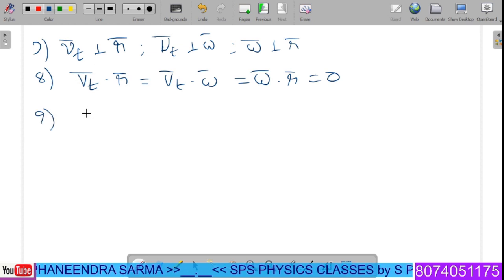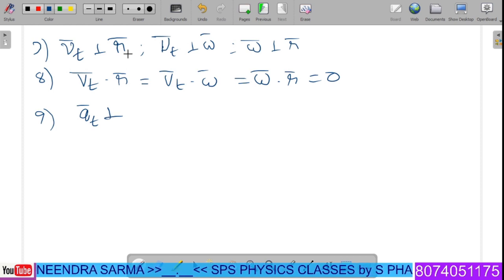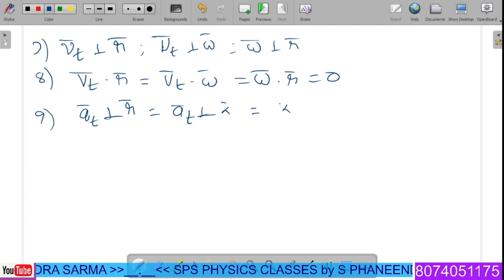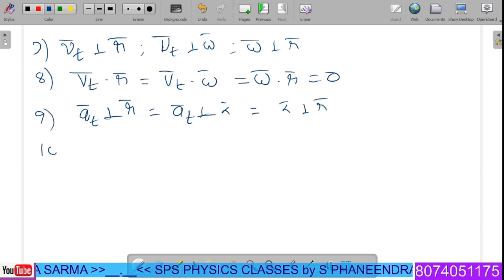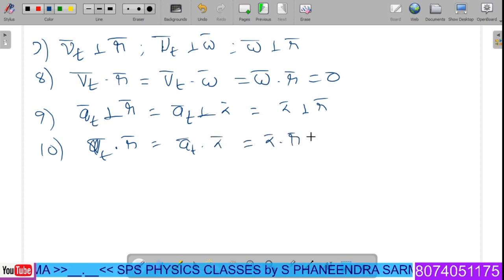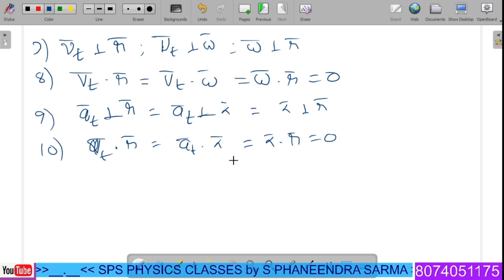Similarly, tangential acceleration at bar is perpendicular to the radial vector, at bar is also perpendicular to alpha bar, and alpha bar is also perpendicular to r bar. In such a case, at bar dot r bar is equal to at bar dot alpha bar is equal to alpha bar dot r bar is equal to 0.